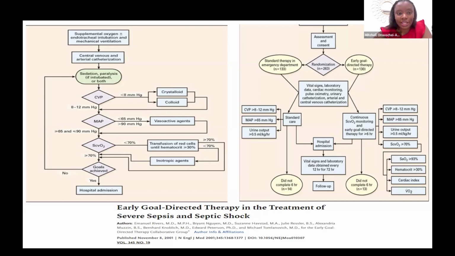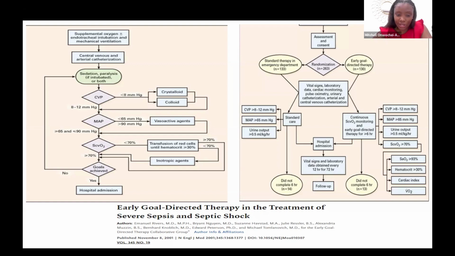And if that's less than 70, they would assume that your arterial oxygen content is low, and they will transfuse red blood cells until the hematocrit was greater than 30%. Once that was achieved, if your central venous oxygen still remained low, they would assume that that's a pump failure, and they will start inotropic agents until they got a central venous oxygen of 70% or greater.